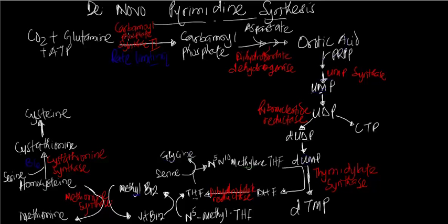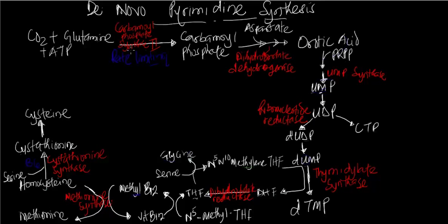Carbamoyl phosphate synthase 2 makes carbamoyl phosphate. UMP synthase makes UMP. Thymidylate synthase makes thymidylate. Methionine synthase makes methionine.